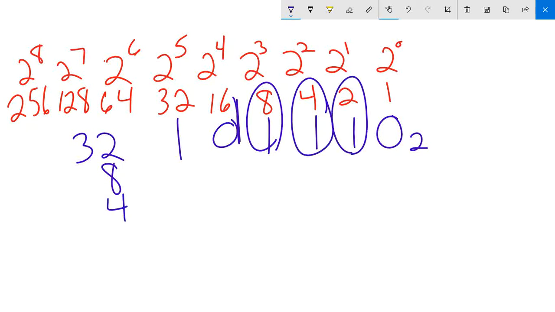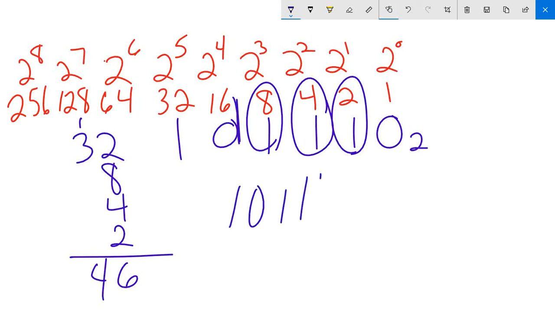I have 1 of the 2s, so I'm going to add 2. And I have 0 ones, so I'm not going to add any more. Now I'm going to add all these up. 2 plus 8 is 10, plus 4 is 14, plus 32 is 46. So I know that 1, 0, 1, 1, 1, 0 in base 2 is equal to 46 in base 10.